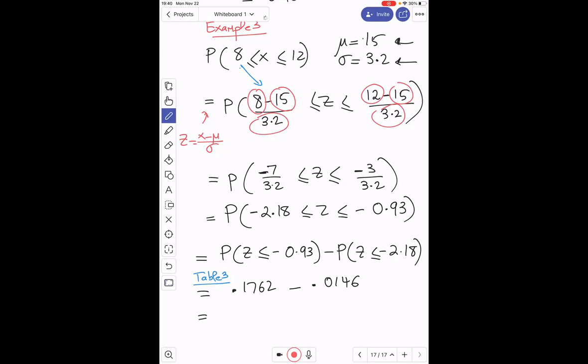So then the answer is 0.1762 minus 0.0146, sorry, 7 minus 1, this is a 6, of course. It's a 6 and then 1. So in other words, this is 16.16%.